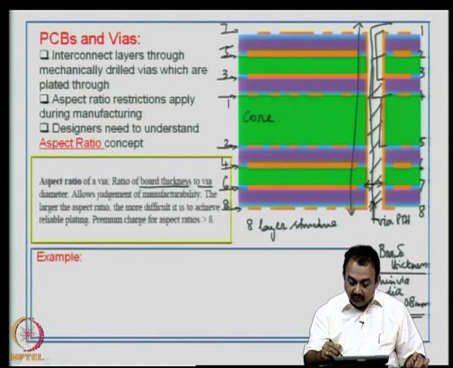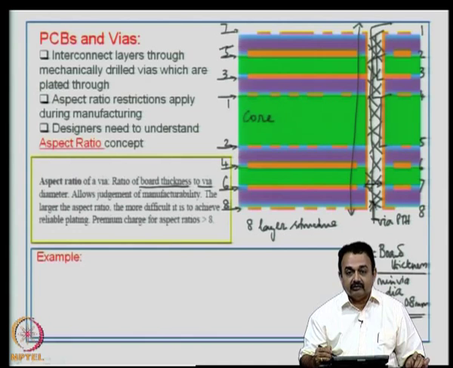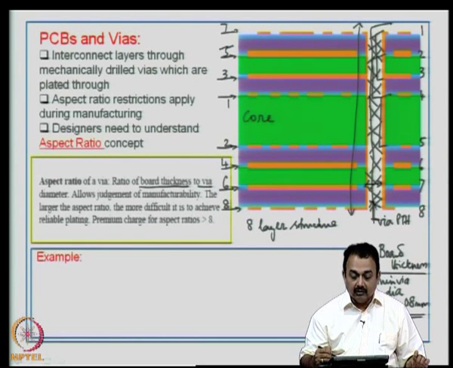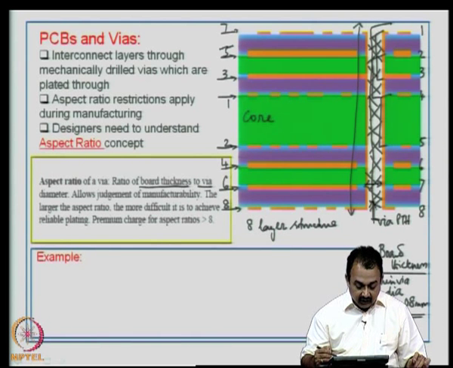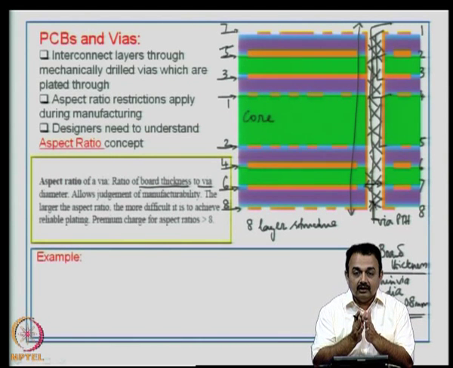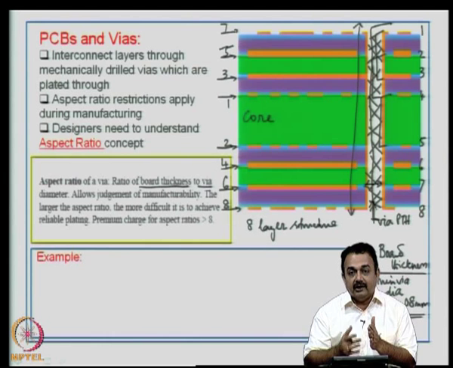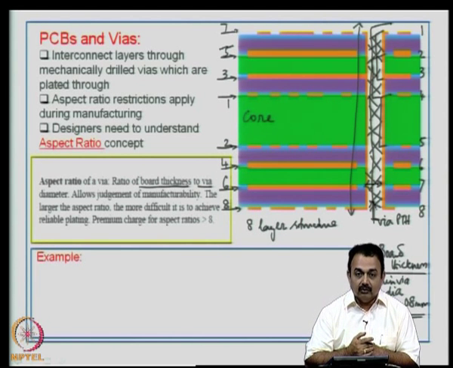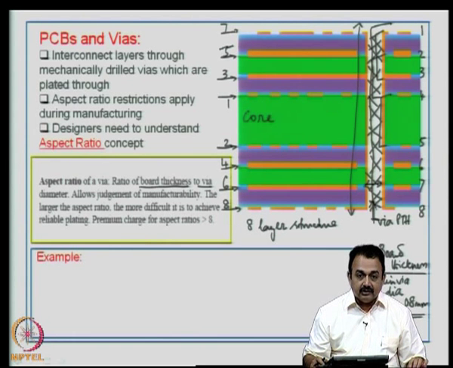If the hole is very small, then the wetting process inside the hole wall is going to be very tough. That is why they say aspect ratio has to be normal. If it is abnormal, like having an aspect ratio of 8 or more, you can imagine that it is going to be a very small diameter of the hole, and reliable plating inside the barrel of the hole is going to be extremely difficult, even with the best of chemistries and technologies.